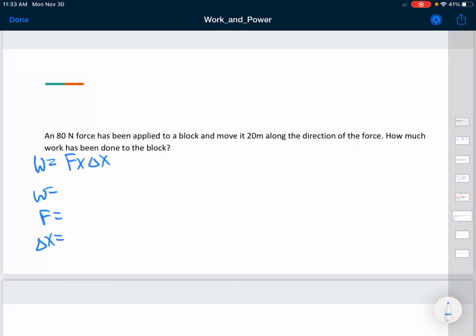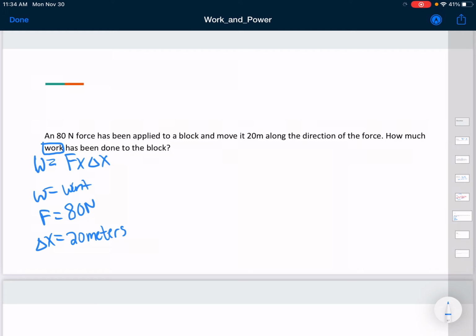Okay, an 80 Newton force, so that's going to be F. It moved 20 meters along the direction of the force, so our delta X is going to be 20 meters. How much work has been done to the block? Okay, so the W is what we want to find.